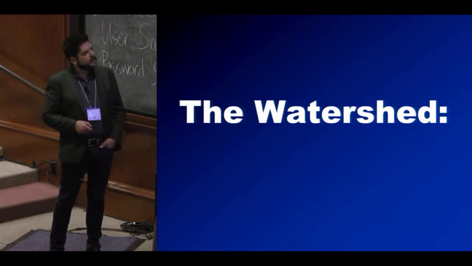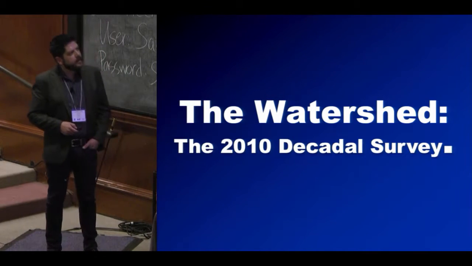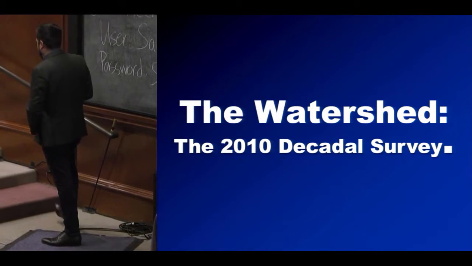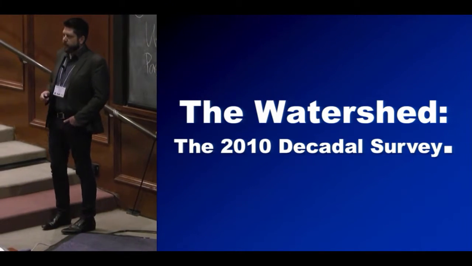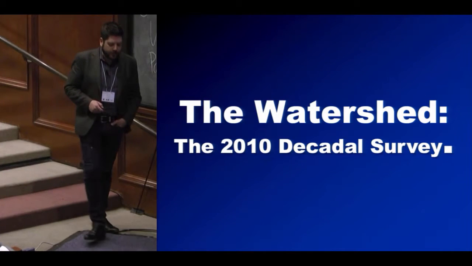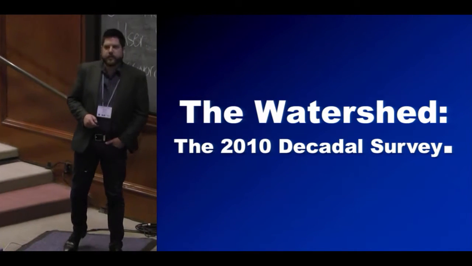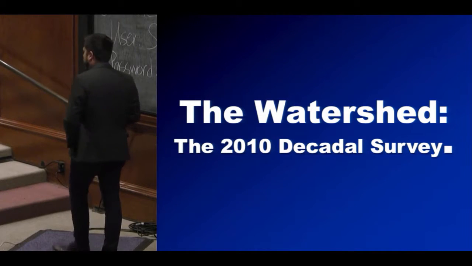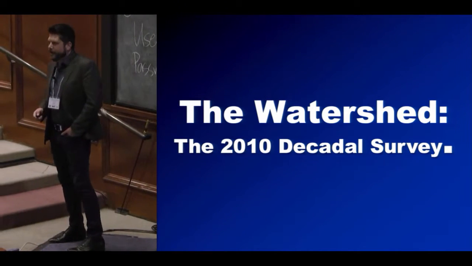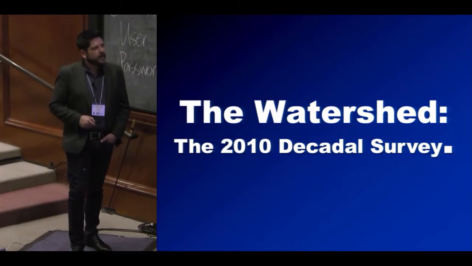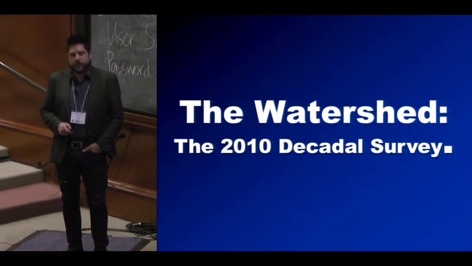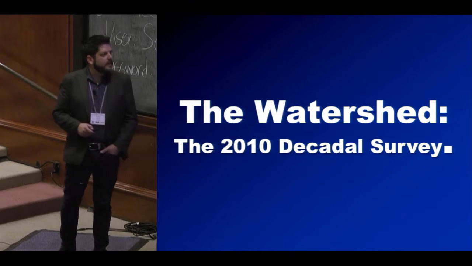Okay, so where does this watershed come from ultimately? Well, it comes from the 2010 Decadal Survey. The number one recommendation for a large space mission in the 2010 Decadal Survey was WFIRST. And contrary to what you may have heard, WFIRST is not and never was a dark energy mission. It had 3 primary goals. One of them was dark energy, of course, with supernovae, baryon acoustic oscillations, and weak lensing.